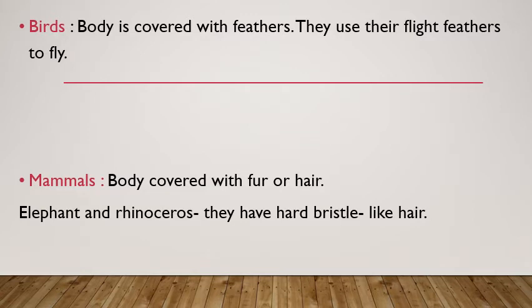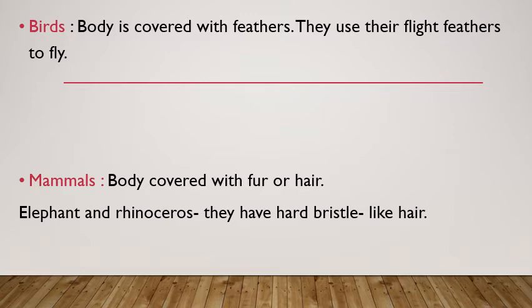Next, you're going to see about birds. All birds have their body covered with feathers. You might have seen different beautiful birds which are covered with beautiful feathers. They use their flight feathers to fly. Their down feathers closest to the body keep their body warm. The feathers which cover the body help them to maintain their temperature so that they don't feel very cold or very hot.